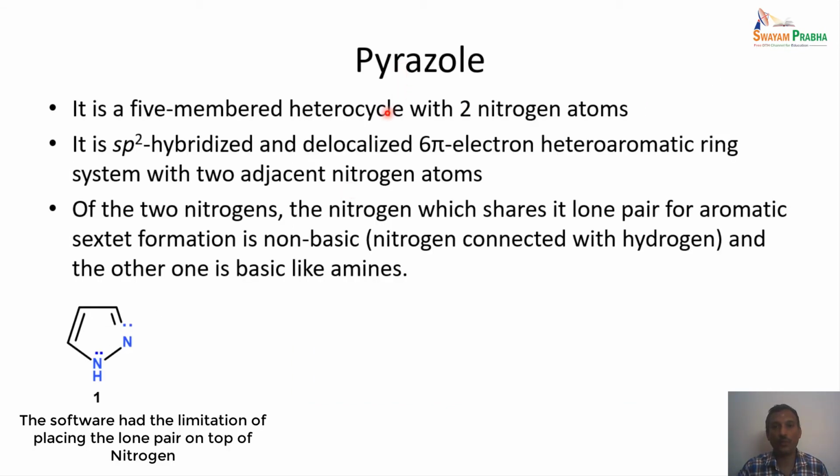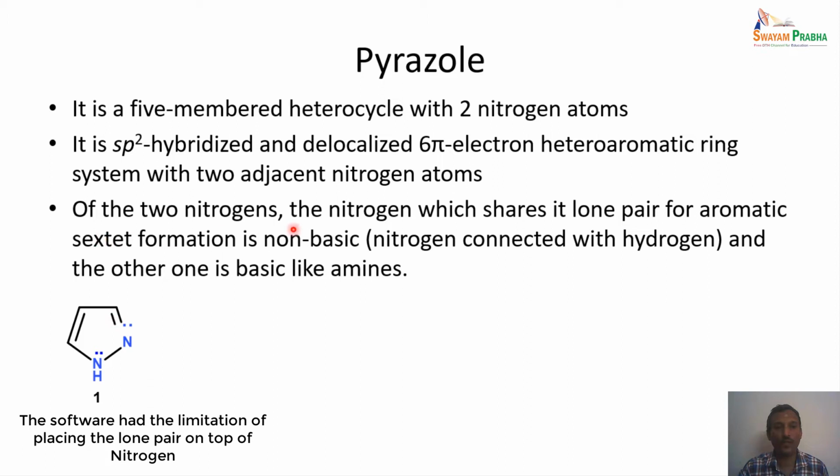So what is a pyrazole? Pyrazole is nothing but a 5-membered heterocycle with 2 nitrogen atoms, and as we had seen, this belongs to the 1,2 azole family. That means both the nitrogens are in positions 1 and 2. And it is actually an sp2 hybridized, delocalized 6 pi electron heteroaromatic ring system with 2 adjacent nitrogen atoms. That is, the lone pair of electrons on this nitrogen is also involved in the 6 pi electron aromatic pi bond formation.